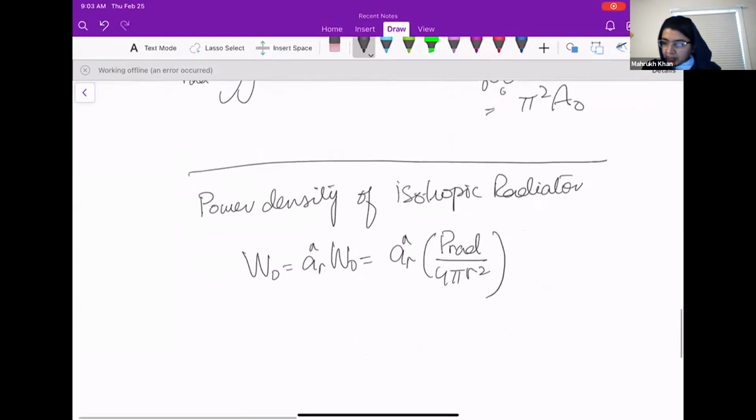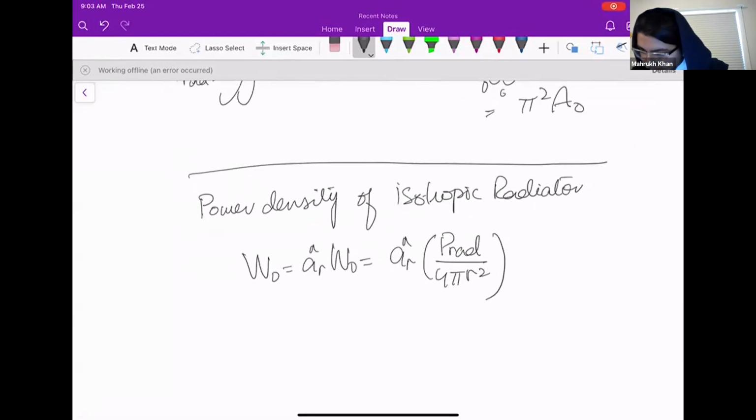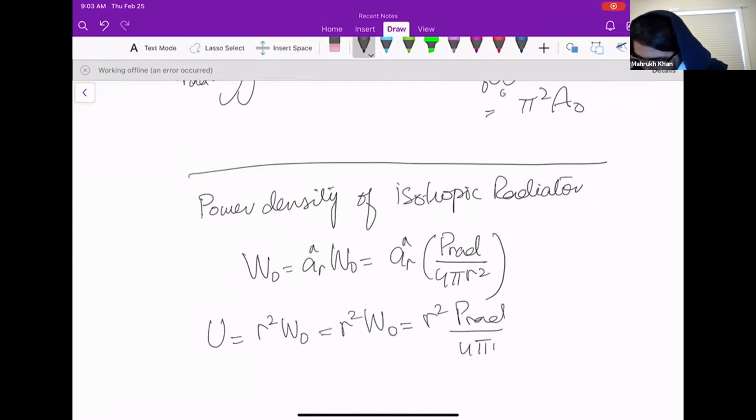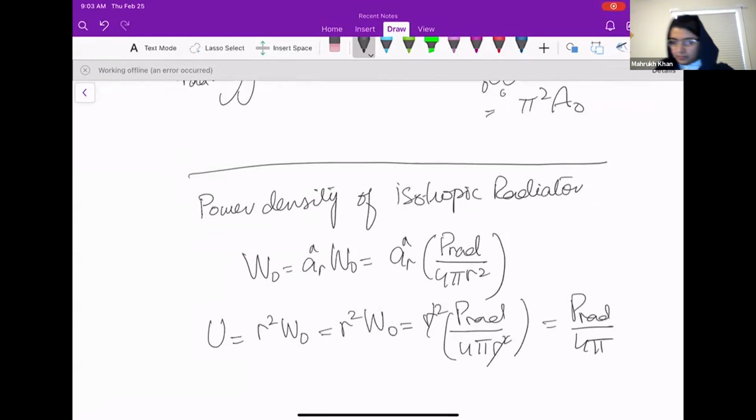So the radiation intensity will be for isotropic radiator.